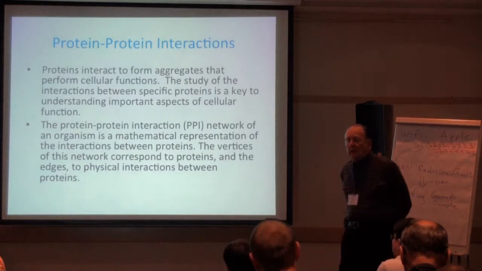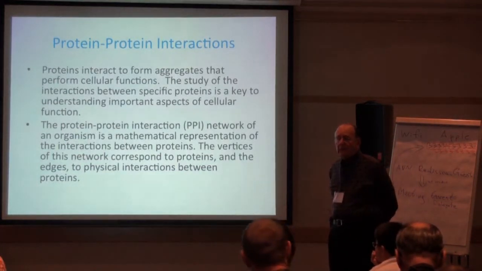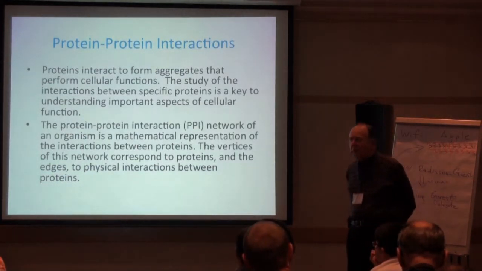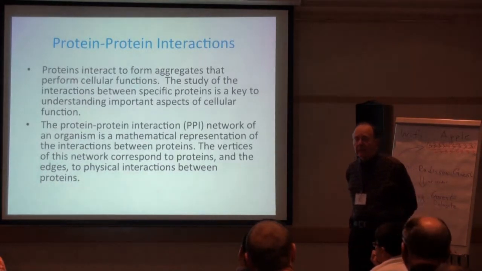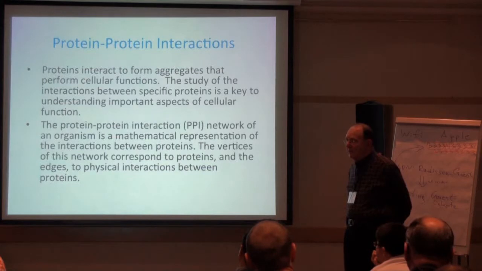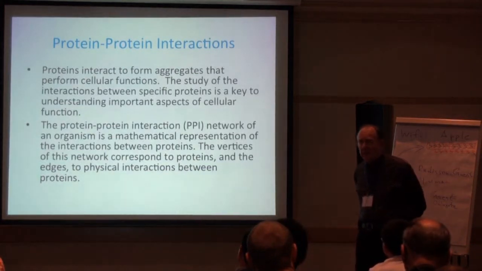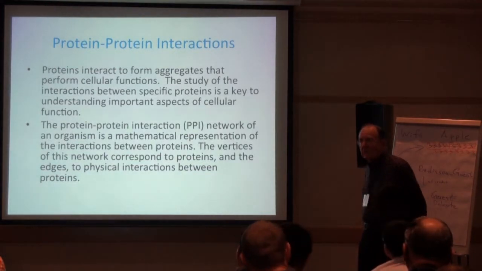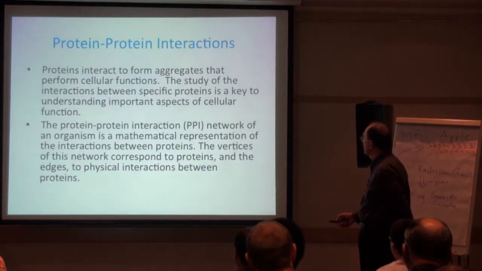And so in this network, if a set of proteins work together, then we would expect that that set of proteins or vertices would induce a connected graph. And so we would like to look at various connected subgraphs within the protein-protein interaction network of a species and gather evidence as to whether those corresponding sets of proteins have a common function.